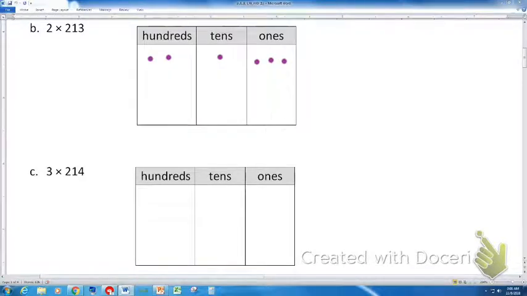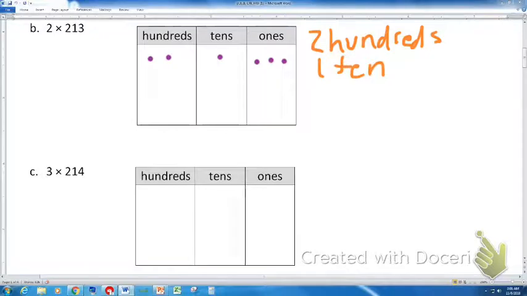So 213, 2 dots in hundreds, 1 in tens, and 3 in ones. We have 2 hundreds, 1 ten, and 3 ones. And we're going to be multiplying each of these by 2.